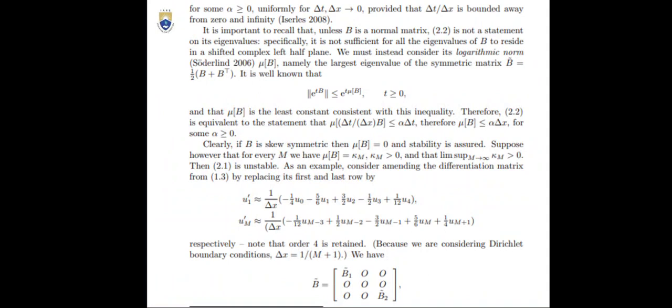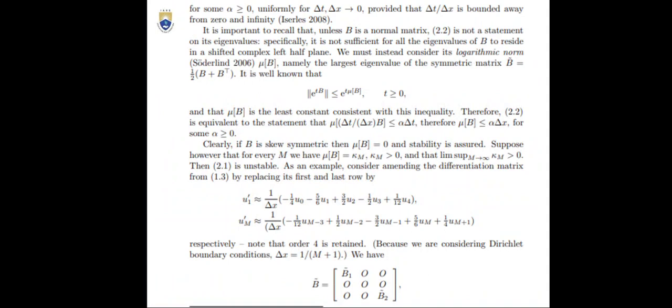As an example, consider amending the differentiation matrix from 1.3 by replacing its first and last row by u'_1 approximated by (1/Δx)(−1/4 u_0 − 5/6 u_1 + 3/2 u_2 − 1/2 u_3 + 1/12 u_4), and u'_m approximated by (1/Δx)(−1/12 u_{m−3} + 1/2 u_{m−2} − 3/2 u_{m−1} + 5/6 u_m + 1/4 u_{m+1}), respectively.